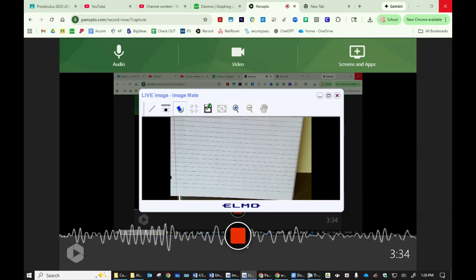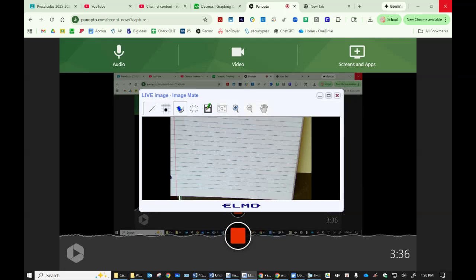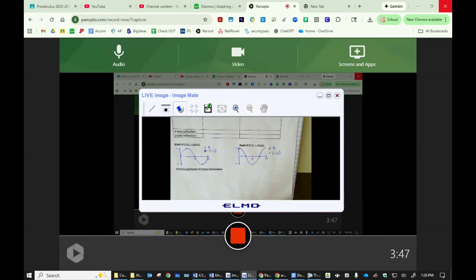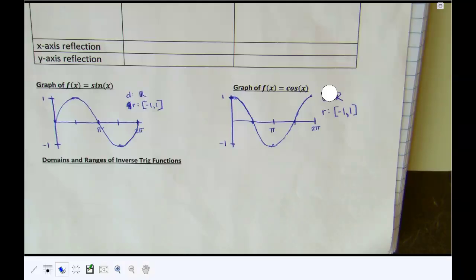Okay, so this one, what do you see? It's an x-axis reflection. There's a negative in front, it's an x-axis reflection, which we know from our other work with transformations, but I want you to put it on this paper. A couple things that we want to write down about it.